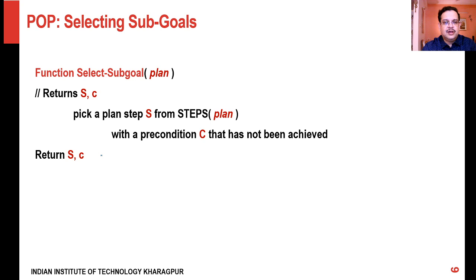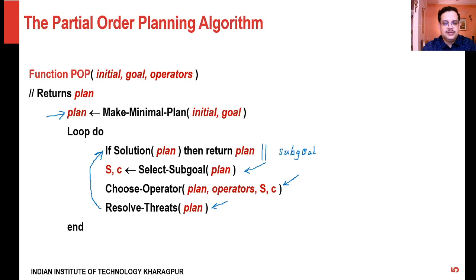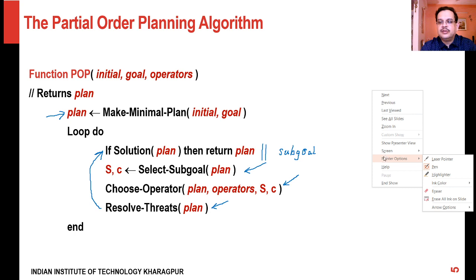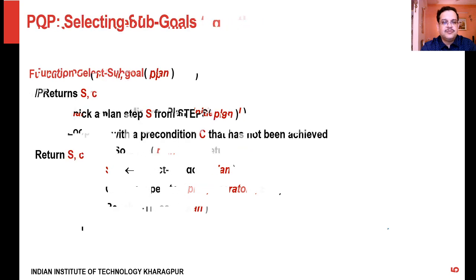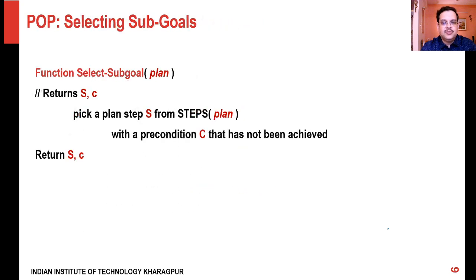So now after you have seen this basic scheme of things, let me discard the inkings. We move into the first step, that is the step of selecting a sub goal. So what sub goal do we select? Pick a plan step S from steps in the plan where a precondition C has not been achieved.